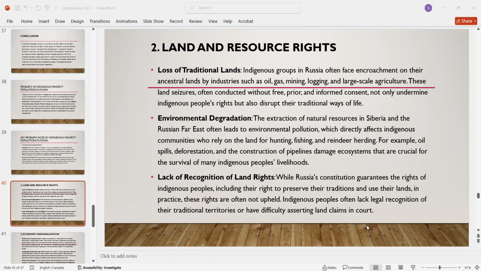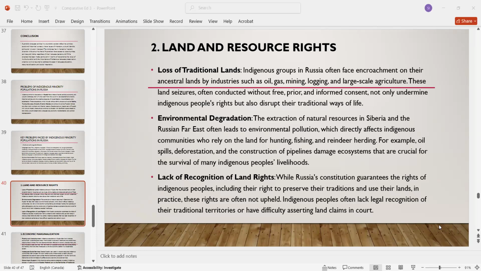Environmental degradation, so definitely the environment degrades, because they are going to cut the trees and put up industrial buildings, and the chemicals will be going to the land, right? So the environmental damage and lack of recognition of land rights.